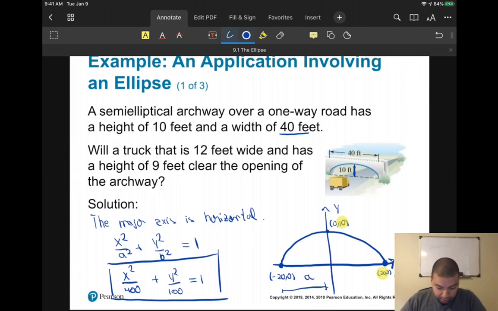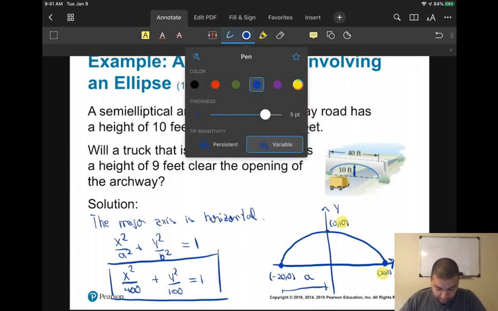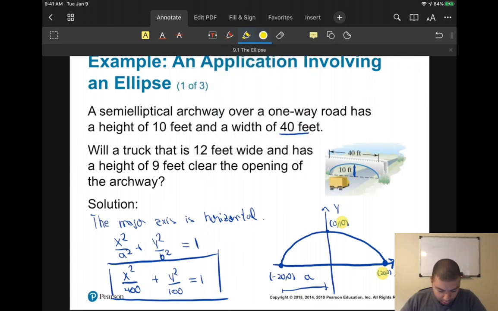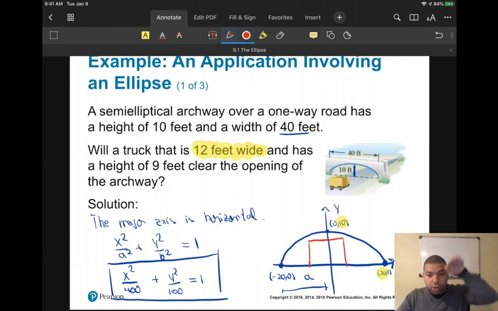So now, next thing. Let me place the truck. So here's the truck. The truck is 12 feet wide. So let's say the truck is driving through the middle of the road. I don't know if it's shorter or taller than the archway, but I'm just drawing for comparison purposes.